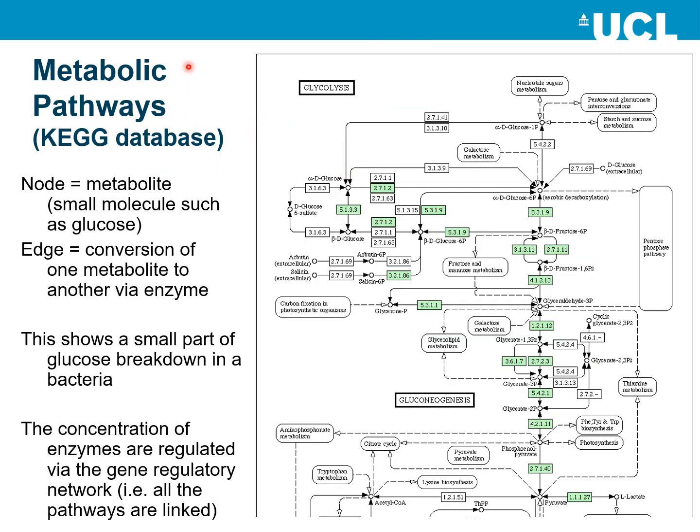Metabolic pathways are one of the best characterized types of pathways. They've been studied for decades, and we have a database like KEGG which shows in detail the metabolic pathway. So we've got glucose here, and we've got an enzyme indicated by the square box, and this is the EC number.